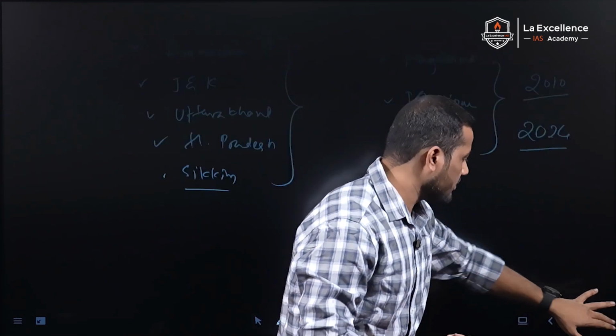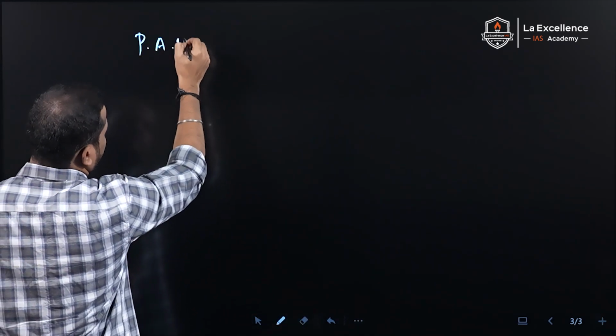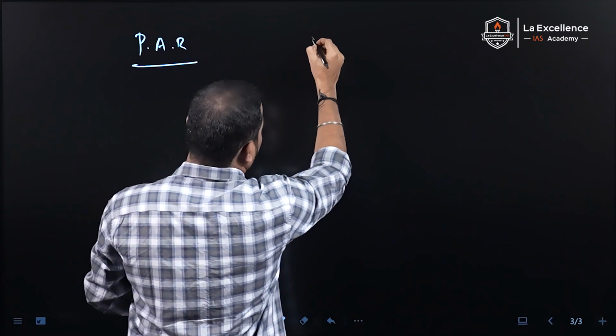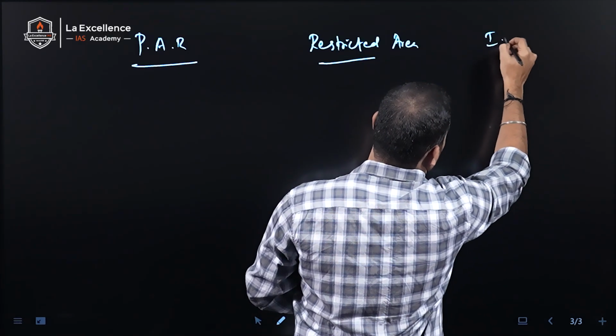What is the difference between all the major three concepts? First one is protected area regime. Second one is restricted area. Third one is inner line permit.